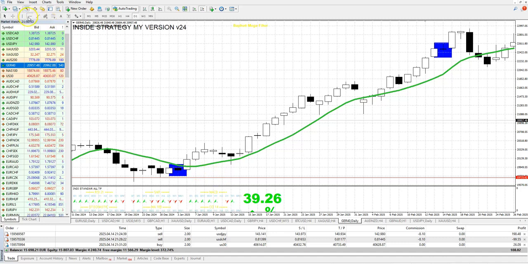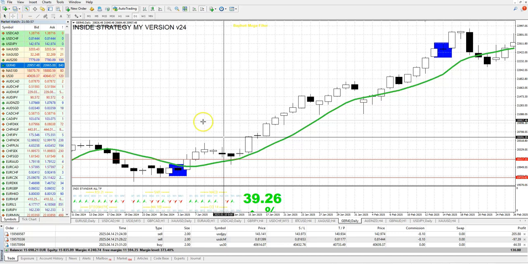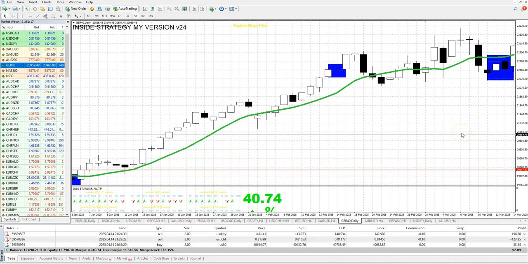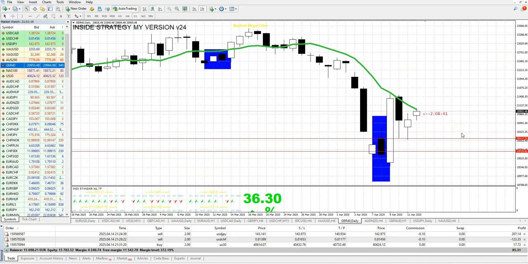The trade you will enter here, and you can make profit. You will trade this until the first one crosses under the line, or until the next pattern, or until this becomes red, if you are in a buy trade. So you must follow it.